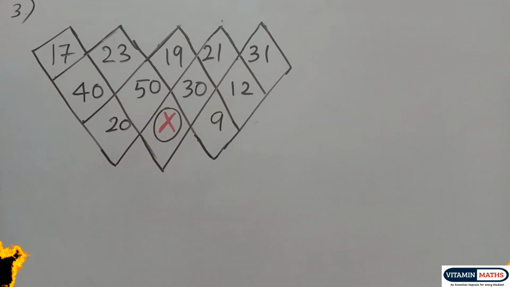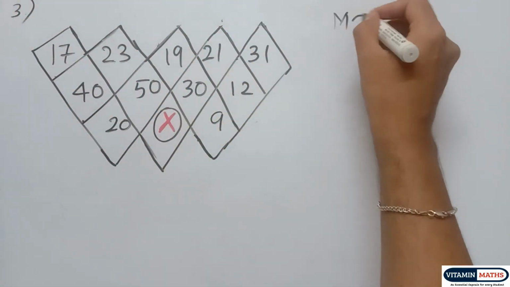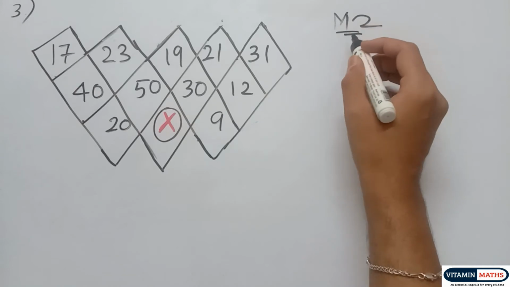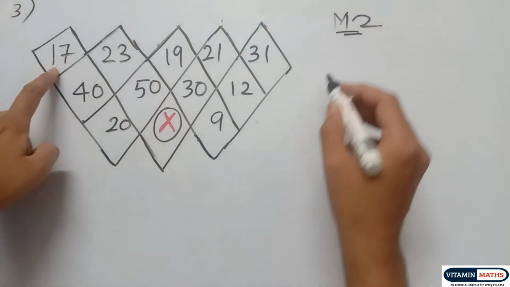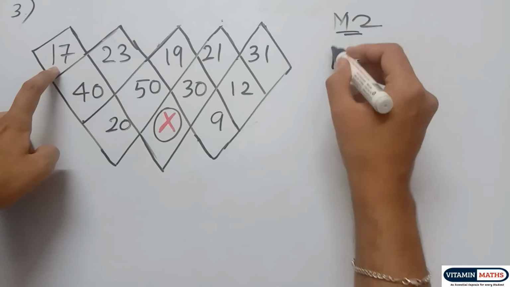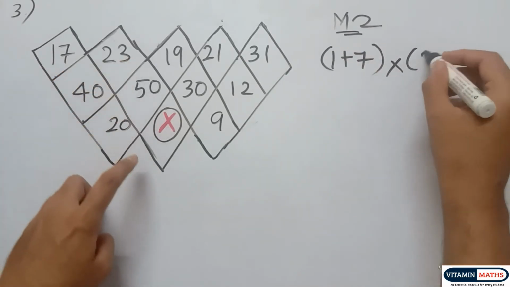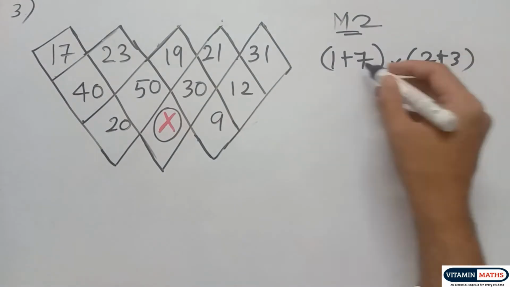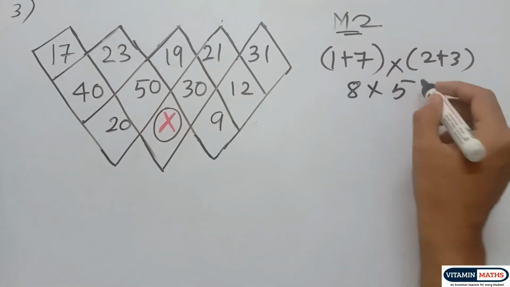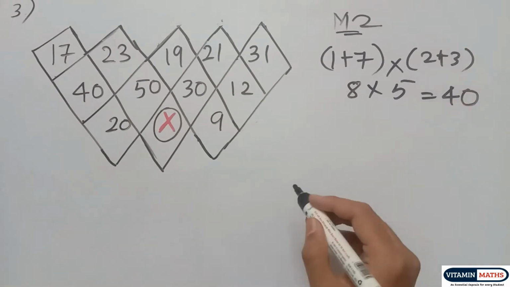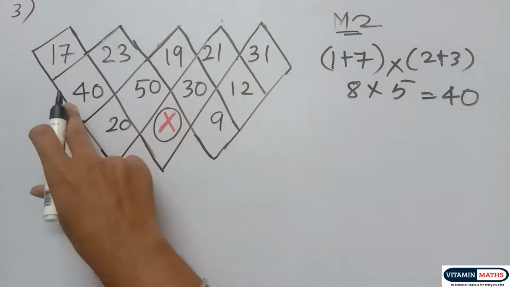Let's solve it by the other method, that is method 2. In this method 2, what we are going to do here is (1 plus 7) into (2 plus 3), that is 8 into 5, 8 5s are 40. We got 40 here.